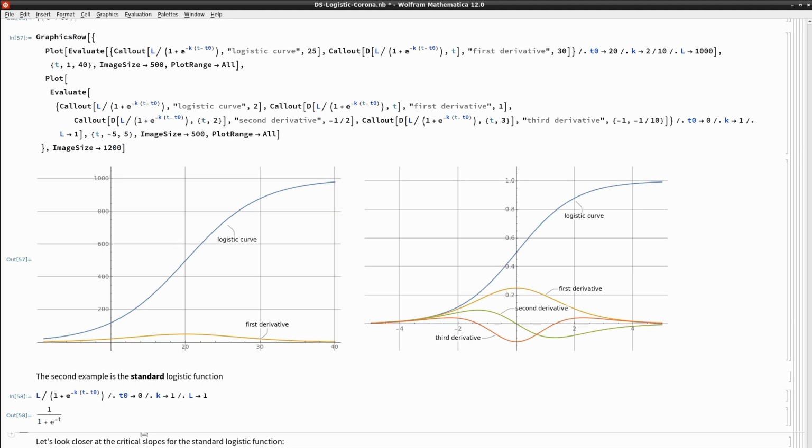So the second example is what's called the standard logistic function, and it looks very simple: 1 over 1 plus e to the minus t. And maybe you've seen this formula already. This formula is used frequently as an activation function in neural network theory. Very often this sigmoid is used as an activation function in classifier systems because it has very sensible properties, predominantly because we're going between 0 and 1 when we're going from minus infinity to plus infinity and we have a half in the middle.